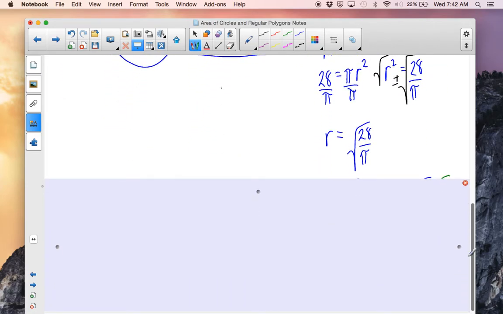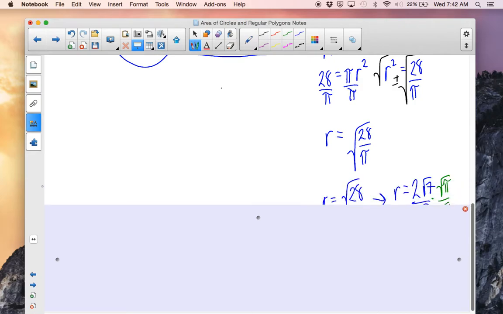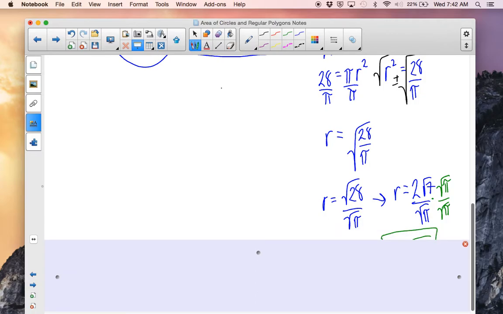Now, this is a completely fine answer, but what I'm going to do is go a little further with my algebra skills, and I'm going to simplify the radical. So r equals square root of 28 over square root of pi. That's this part here. Square root of 28 you can simplify to be 2 square root 7, and then divided by square root pi.